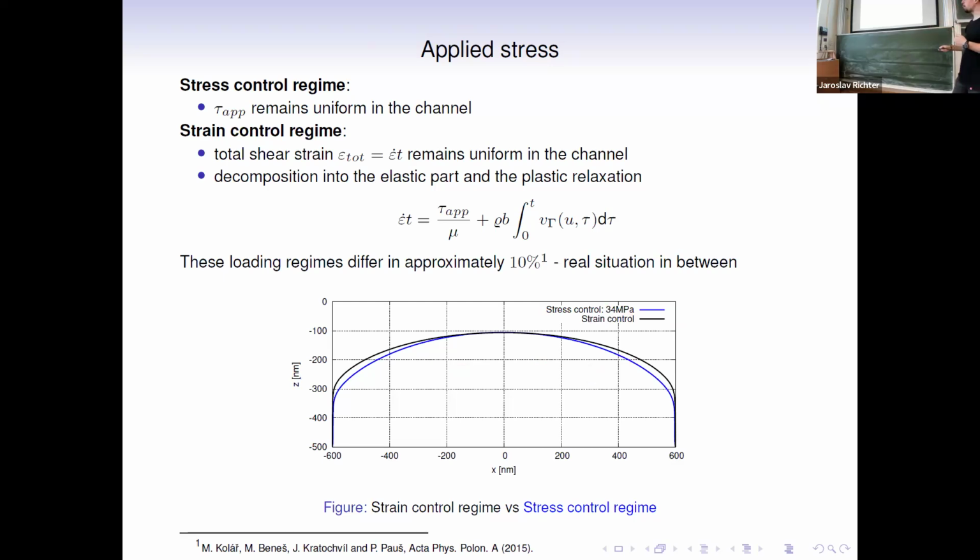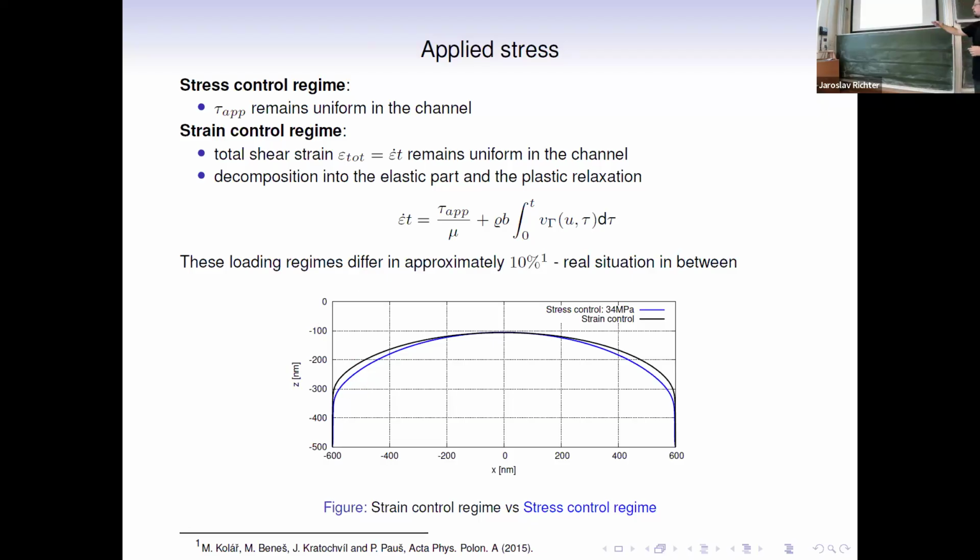What we learned with Professor Kratochvíl when investigating this behavior while developing our model is that these regimes differ by approximately 10%, slightly more than 10%. So our good guess was that the real situation could be somewhere in between these two regimes.